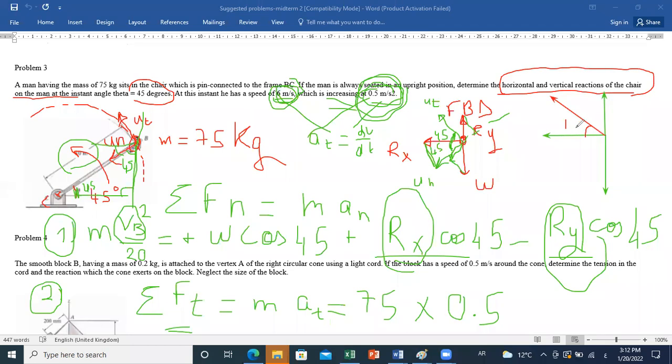As long as you know the angle, you can do your projections, okay? So this is 45, this is 45, and also if I extend the line here, this is 45. So the 3 forces are doing 45 degree angles with UN and with UT.